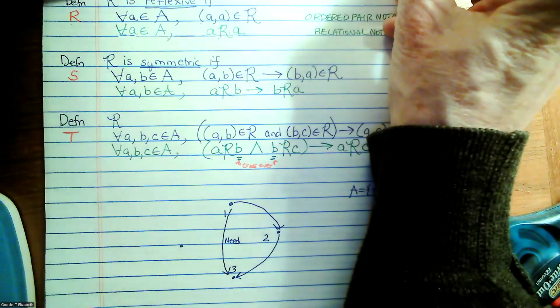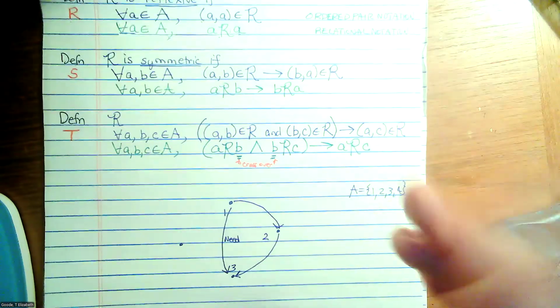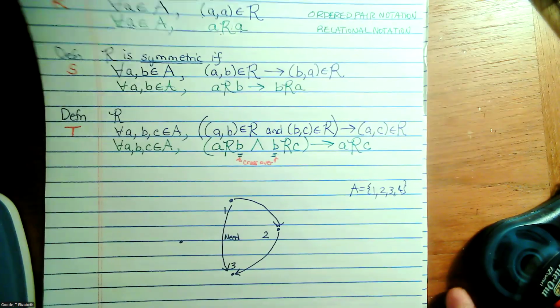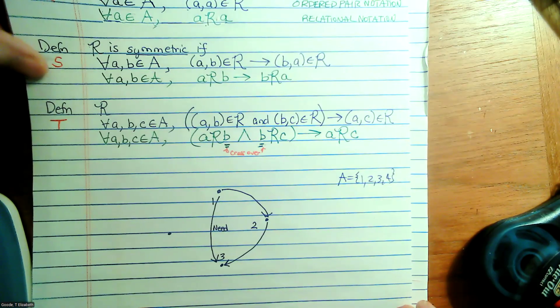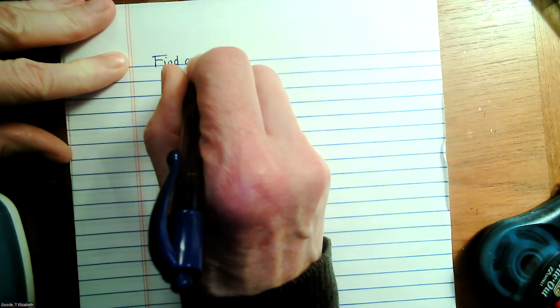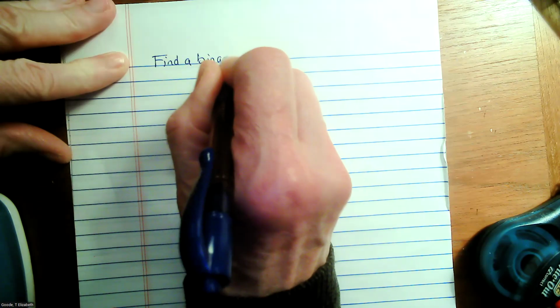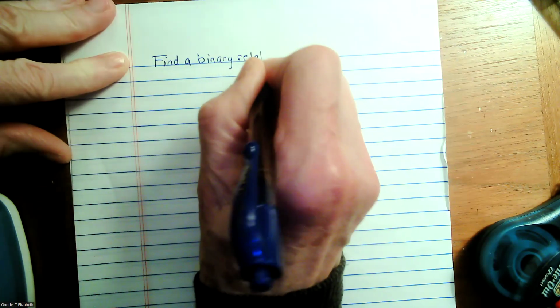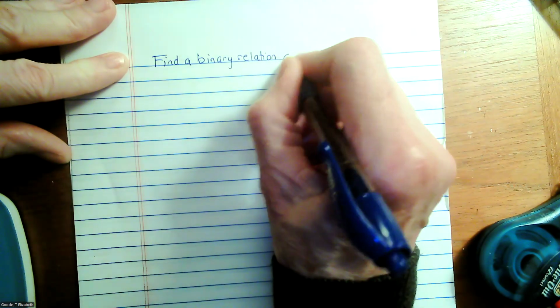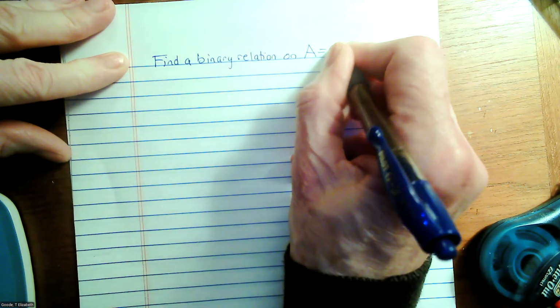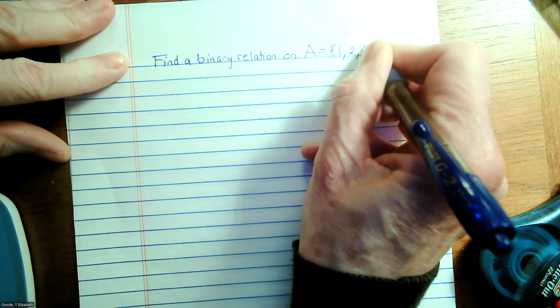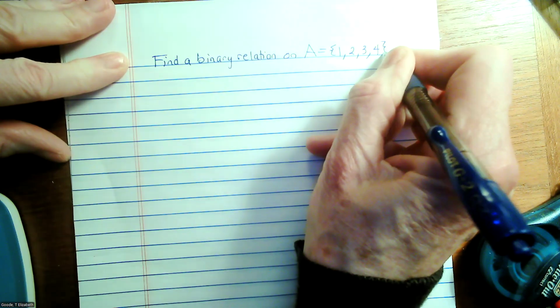In fact, here's a really good game to play. We've got these three properties, R, S, and T. Find a binary relation on A, and all you need is four elements to play all of these games.